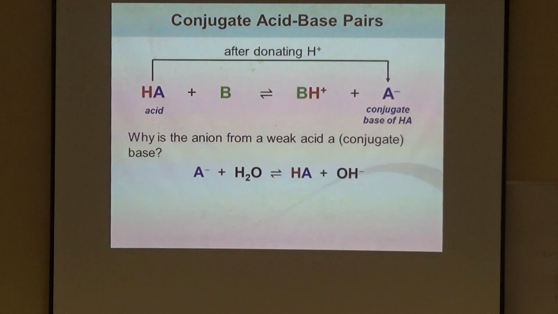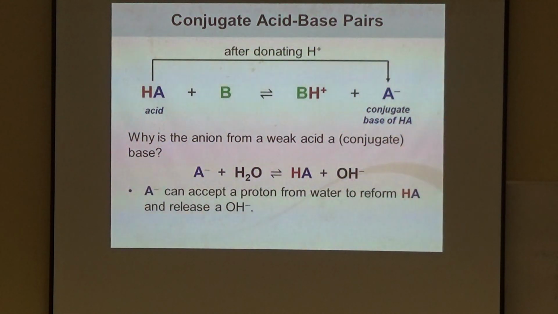It's because when you add it to water, there will be an equilibrium with the water. You will produce HA and you will produce OH-. So A- can accept a proton from water to reform HA and release an OH-.